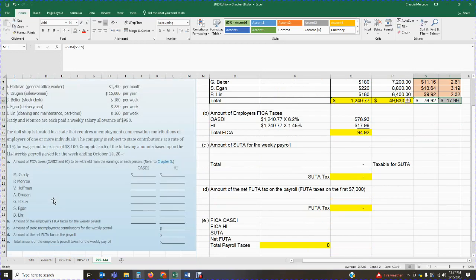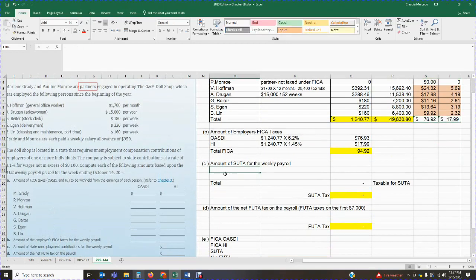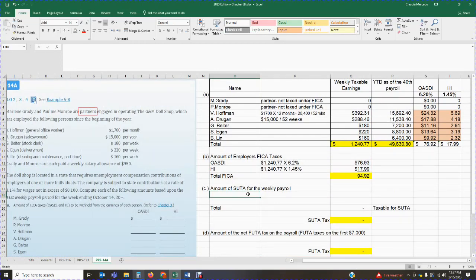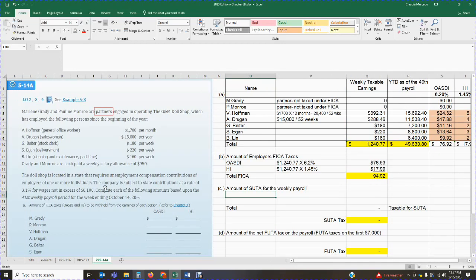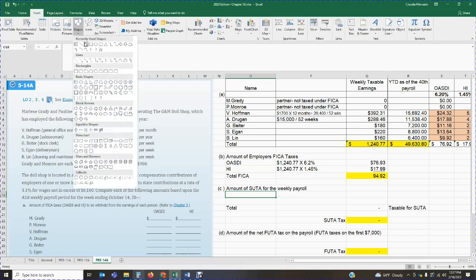Okay. Letter C. What is the amount of state unemployment contributions for the weekly payroll? State unemployment contributions. Okay. Now, let's look at state unemployment. It says here the company is subject to the state contributions at a rate of 3.1%, okay, for wages not in excess of $8,100.